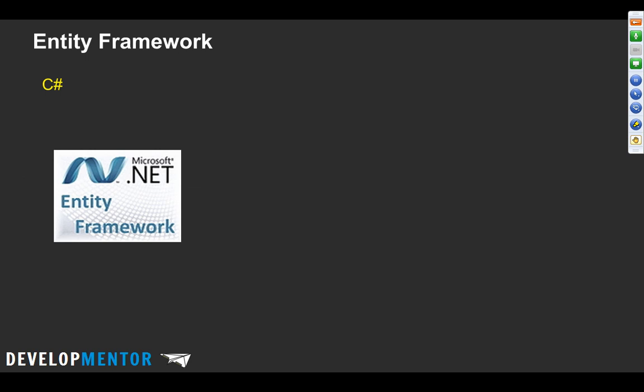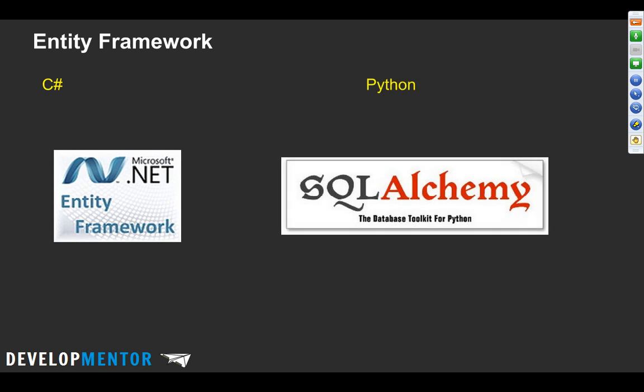Entity Framework, I talked a little bit about LINQ and all that, and Entity Framework is really nice. We'll see there's something called SQL Alchemy. SQL Alchemy lets you write things like LINQ queries against in-memory objects and do ORM type stuff, and those queries get mapped into SQL code, just like LINQ to Entity Framework does.